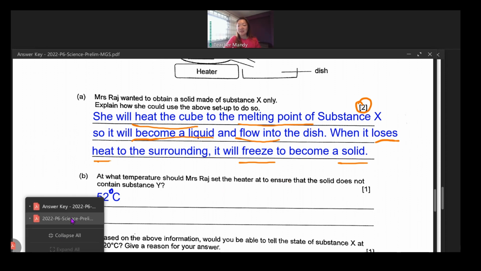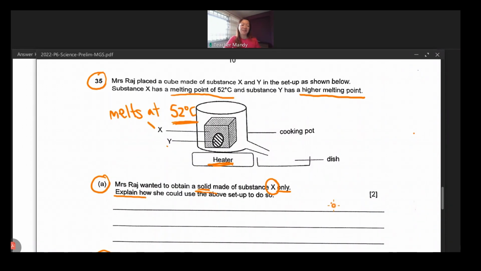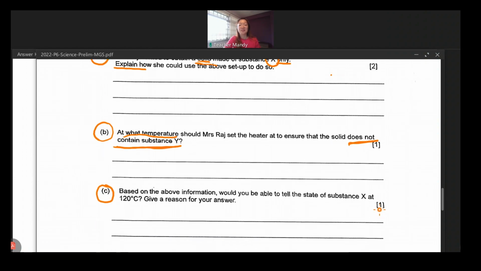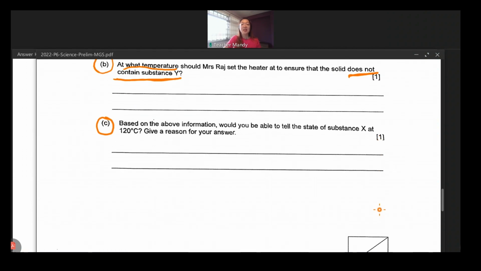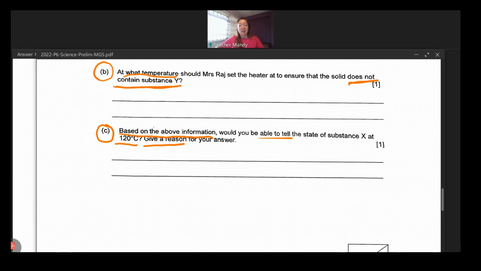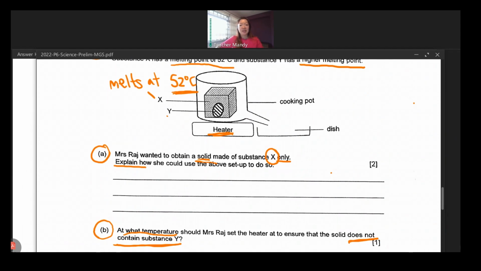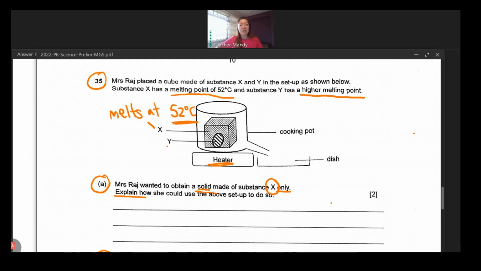Okay, now the last question is a little out of the blue. Based on the above information, would you be able to tell the state of substance X at 120 degrees Celsius? Why? Well, over here, they only told us the melting point.